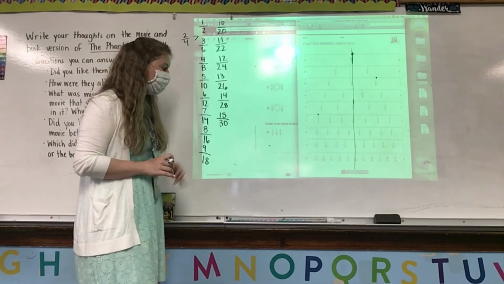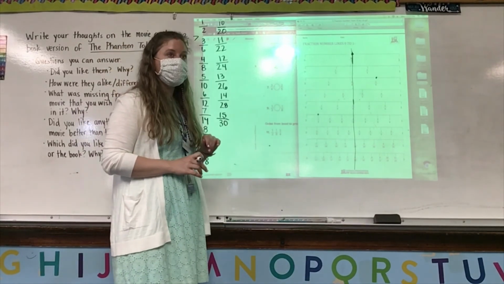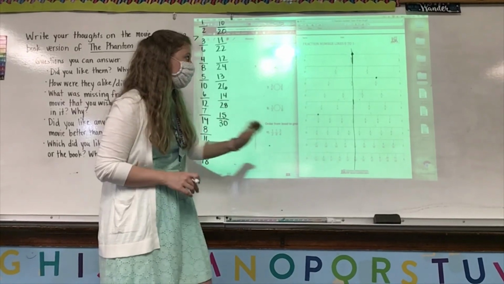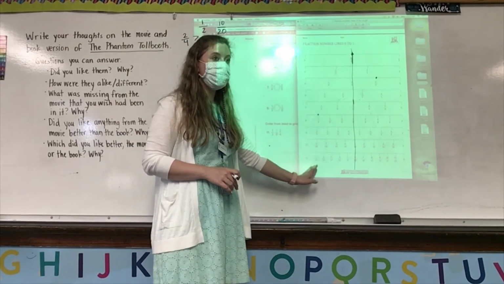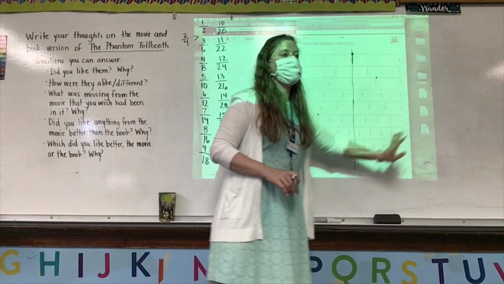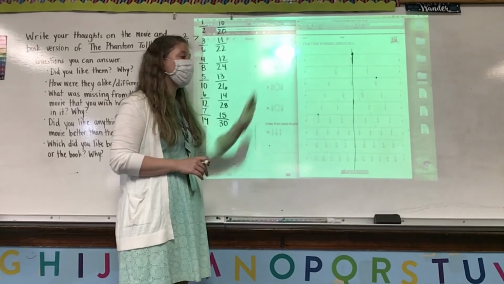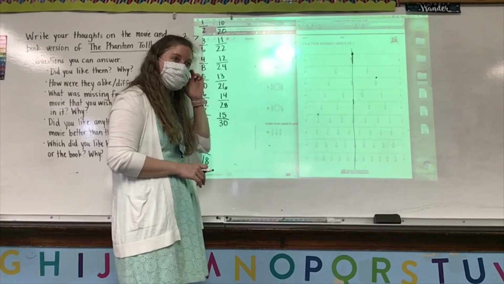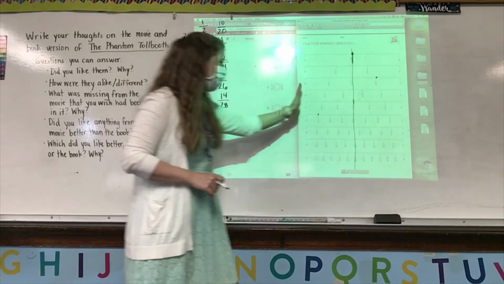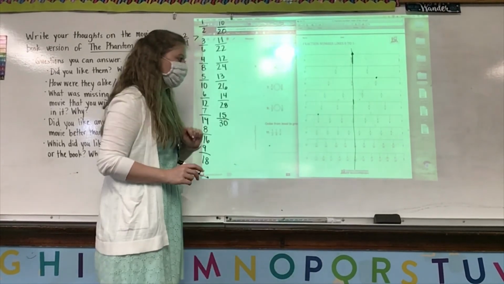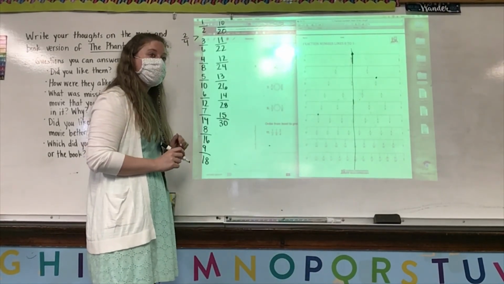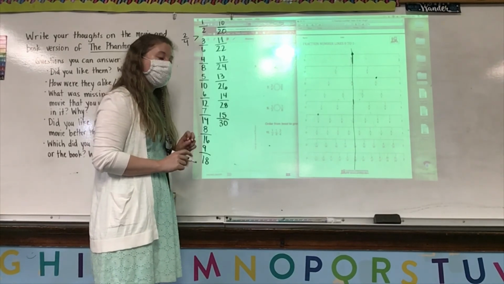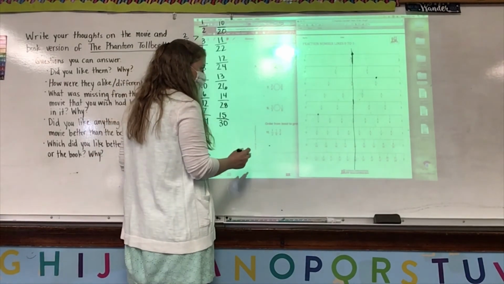Okay, Carla. So now we need to order them from least to greatest. So are we going to start on the left to find the least, or are we going to start on the right to find the least? The left. So which one comes first? If we're going from left to right, we will start with 1/8.